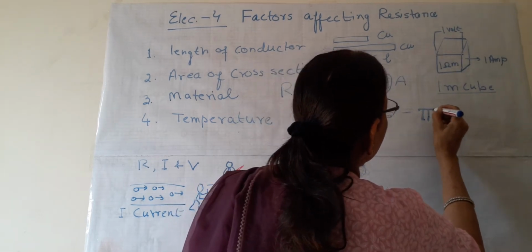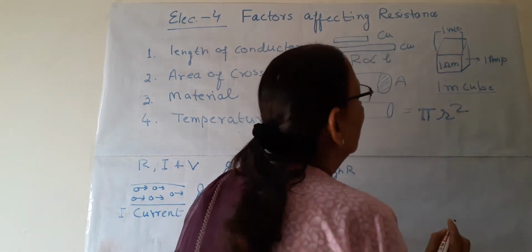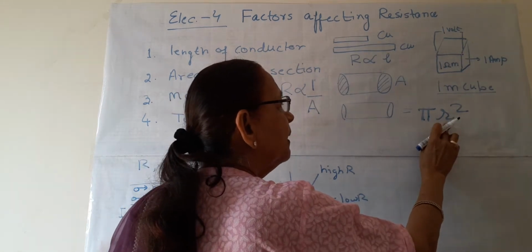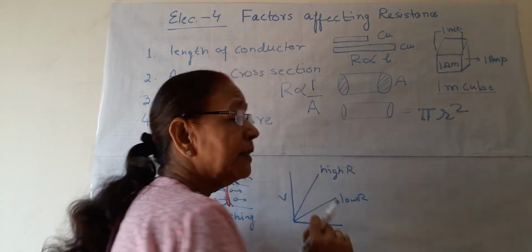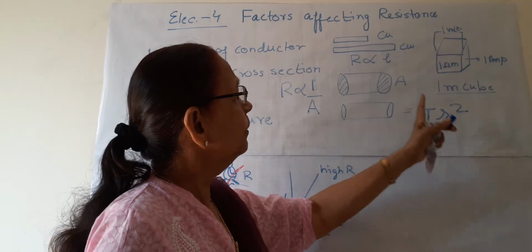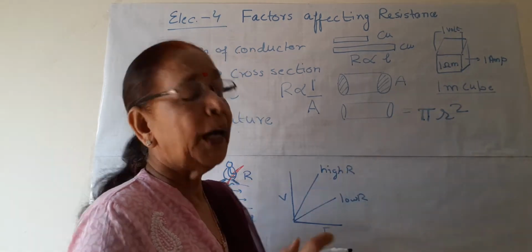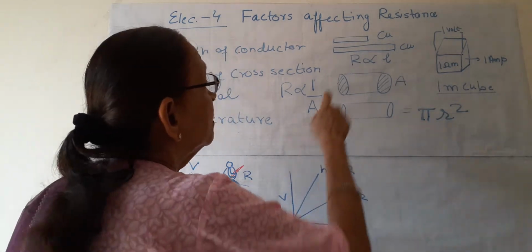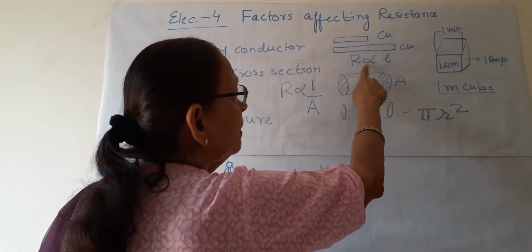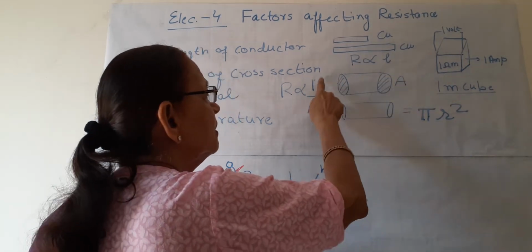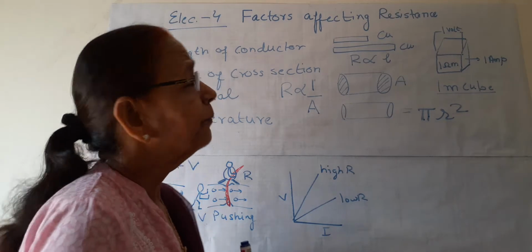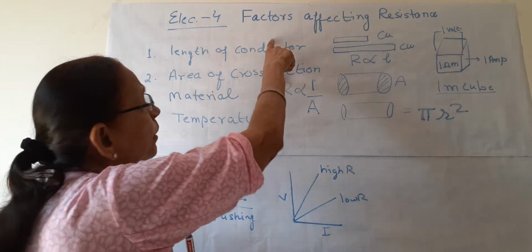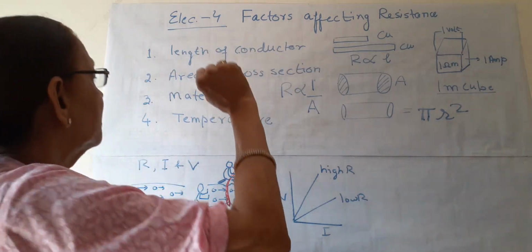All of you know it. r is the radius and pi is 3.14. So this A is equal to pi r square. So now we know two things. R is proportional to L. R is inversely proportional to A. These two are affecting the resistance.